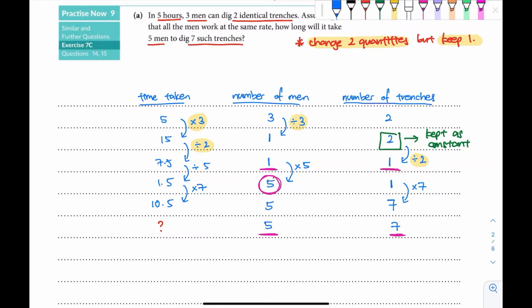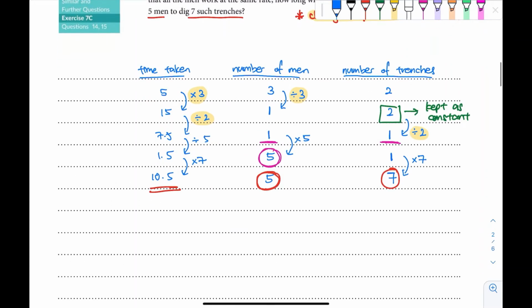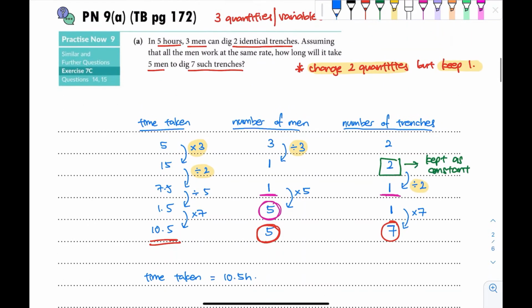So I have already met the goal of 5 men and 7 trenches. So therefore, my answer is 10.5 hours. Since I've already met the goal, I can erase this part here. So the time taken is equals to 10.5 hours.